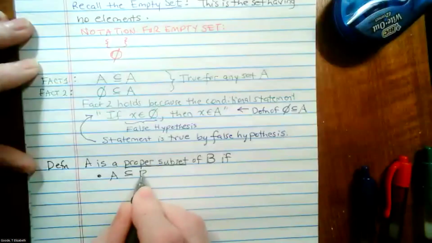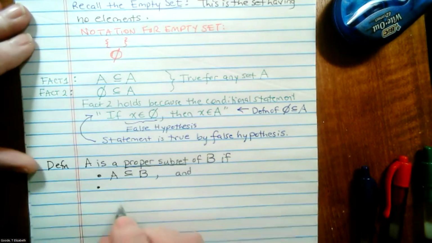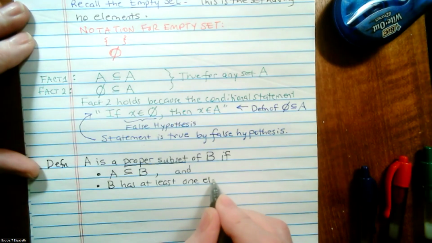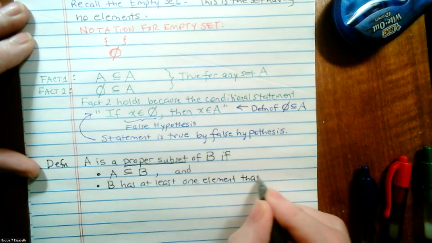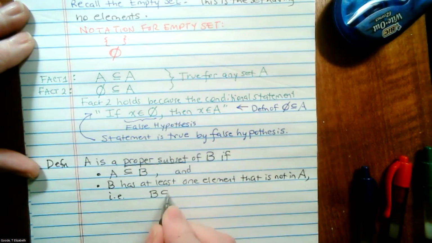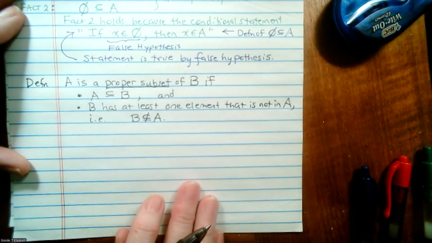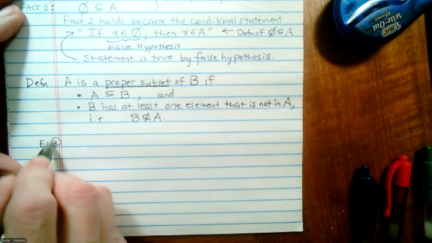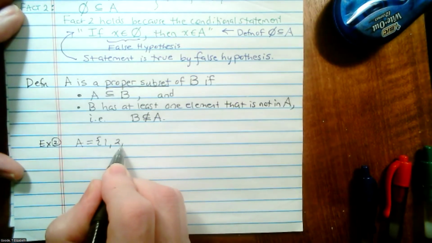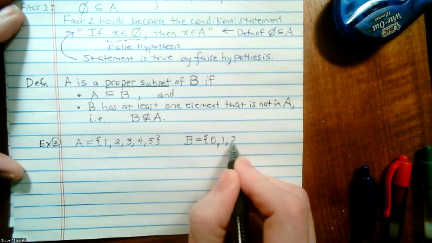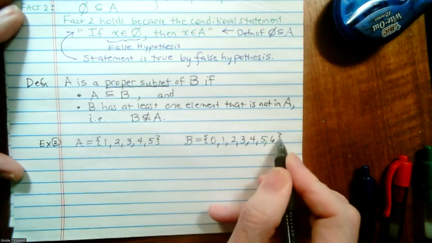A is actually a subset of B, and B has at least one element that is not in A. In other words, B is not a subset of A. So A is a proper subset of B if A is a subset of B, but B is not a subset of A. And we can go back to our example 2, where A was the set of integers 1, 2, 3, 4, 5, and B was the set of integers 1, 2, 3, 4, 5, 6.